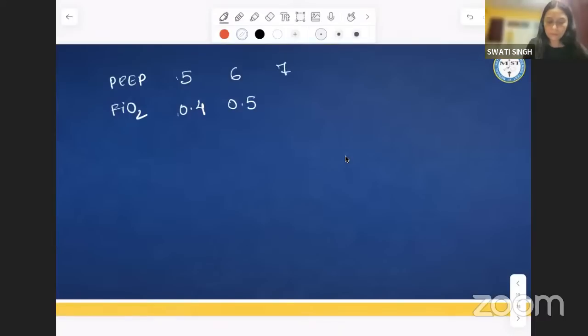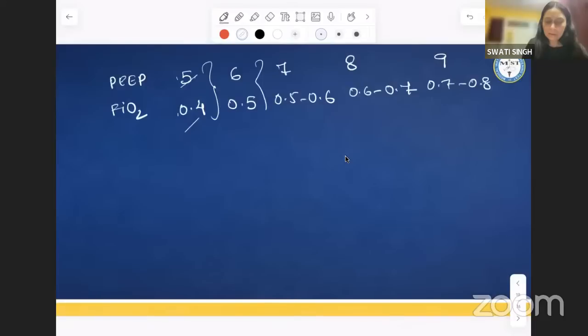If PEEP is 7, 0.5 to 0.6. If PEEP is 8, 0.6 to 0.7 FiO2. If PEEP is 9, 0.7 to 0.8 FiO2. So we increase PEEP and FiO2 in combination to achieve the right PaO2.